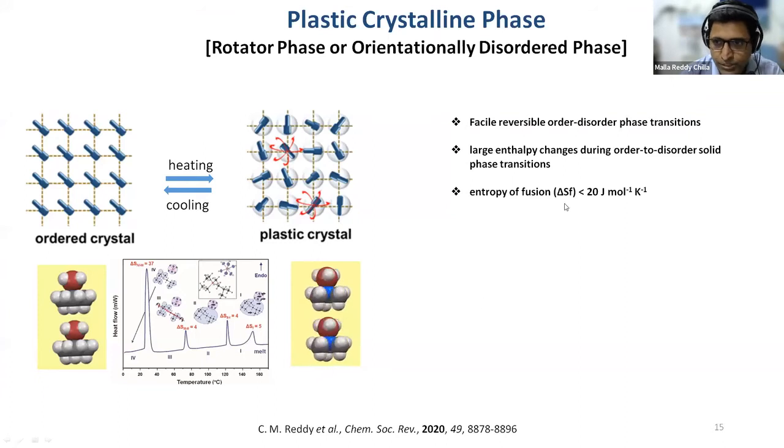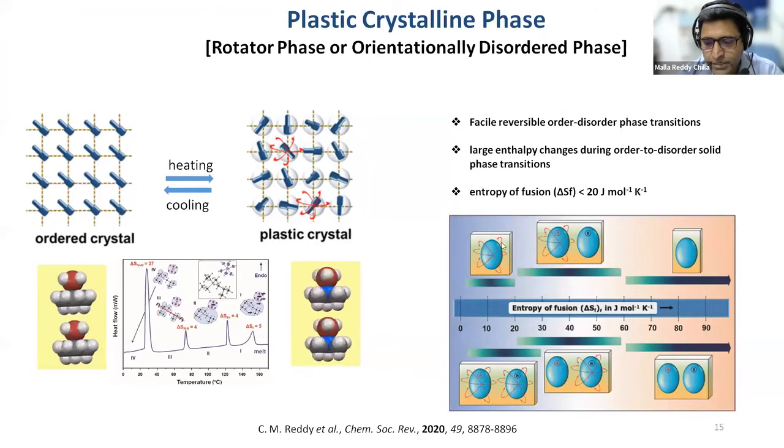Most of the time, the entropy of fusion, if it is a very good plastic crystalline state with orientational disorder, is less than 20 joules per mole per kelvin for the material. This tells you that if you have a smaller hump here in the DSC, you should check for the existence of a plastic crystalline phase. If you have one molecule which attains complete rotational degrees of freedom, normally your delta S_f, the entropy of fusion change, is less than 20 joules per mole.